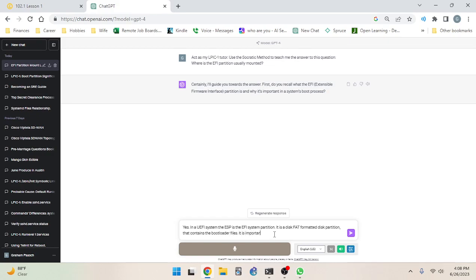It is important in a system's boot process because the bootloader files are what the system uses to select and utilize, I don't know how to spell utilize, U-T-I-L-I-Z-E.